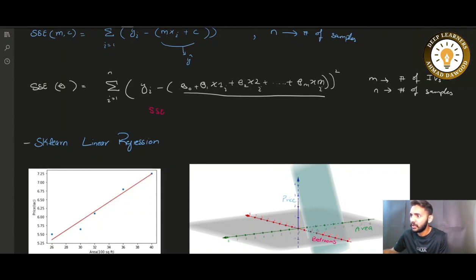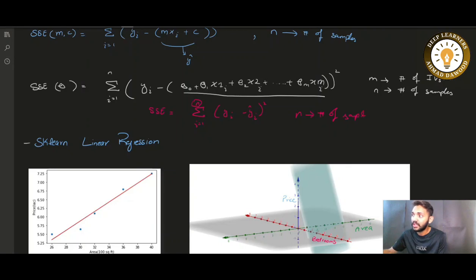Usually we have our error function, or you can say loss function or cost function, where i starts from 1, y is our true values and y predicted is the predicted value, and we square the difference. We usually have an equation like that. Here i goes from 1 to n, where n usually represents the number of samples we have in our dataset.